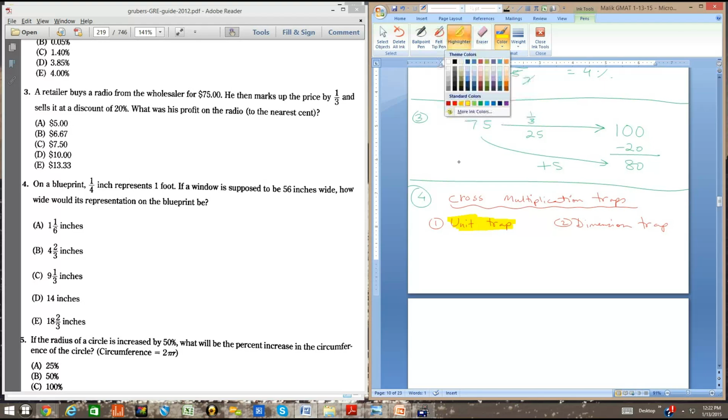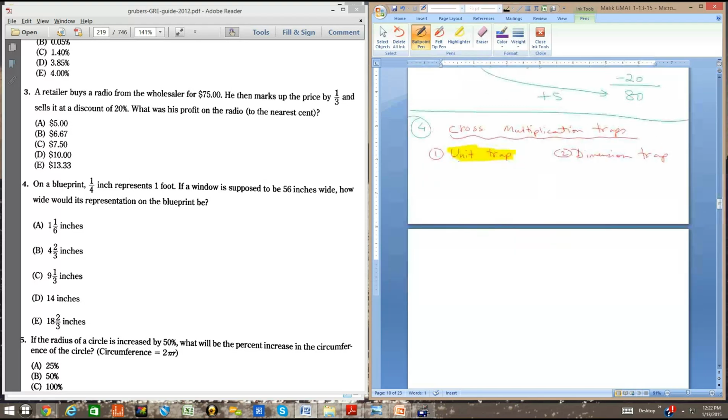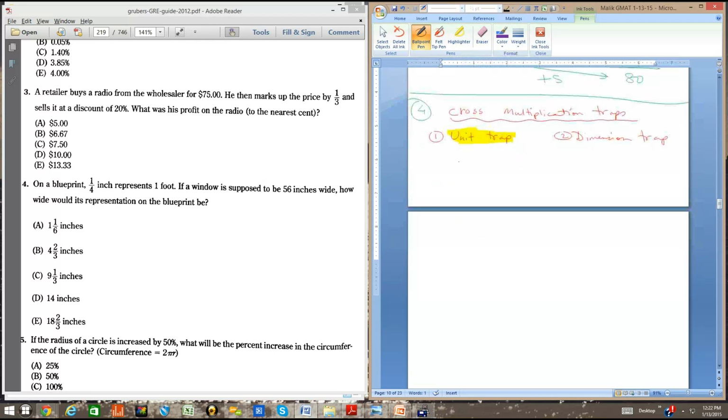So for unit trap, look at this. Before you cross multiply, you have to make an adjustment. Here, you have, let's say, the map, the blueprint, and real. The map is 1/4 inch, and real is 1 foot.